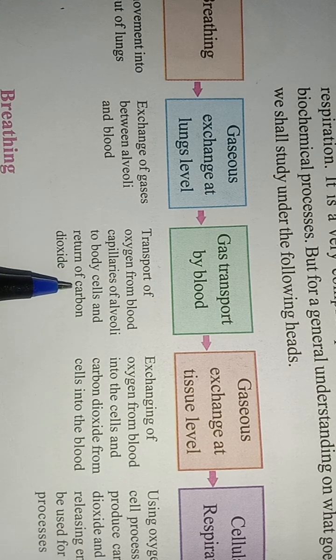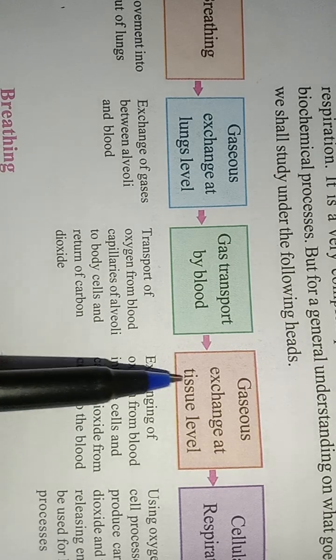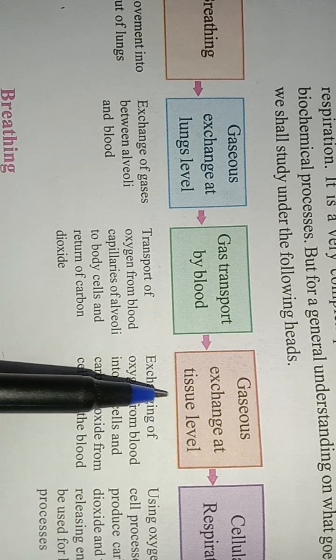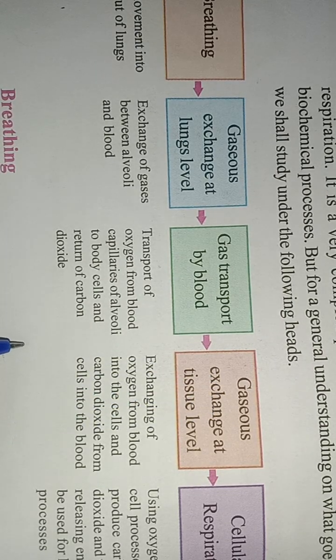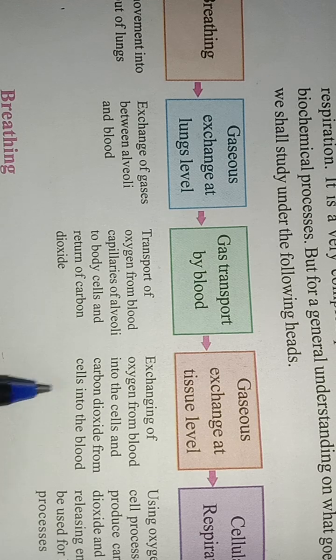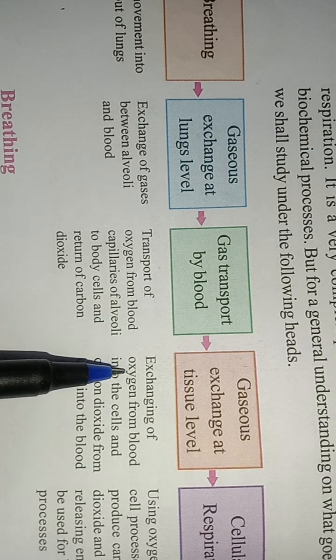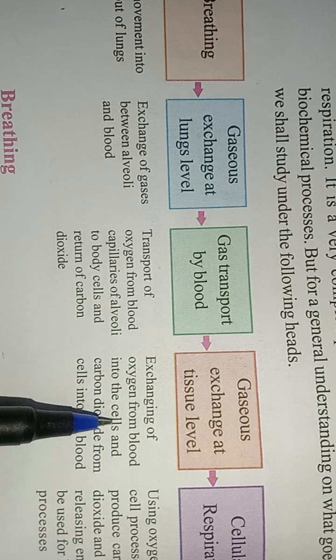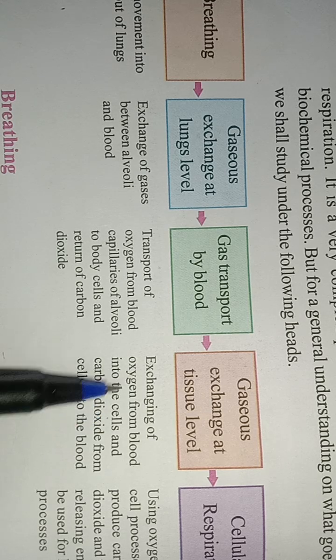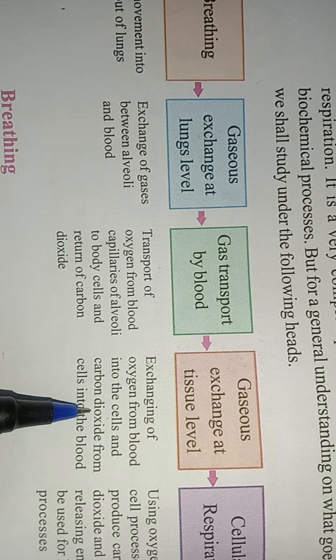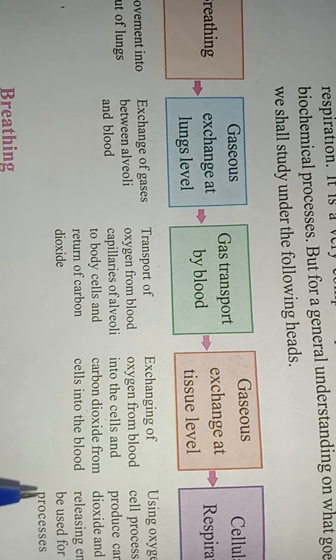Again this carbon dioxide mixes with the blood. Here gas exchange at tissue level is happening: exchange of oxygen from blood into the cells and carbon dioxide from cells into blood.